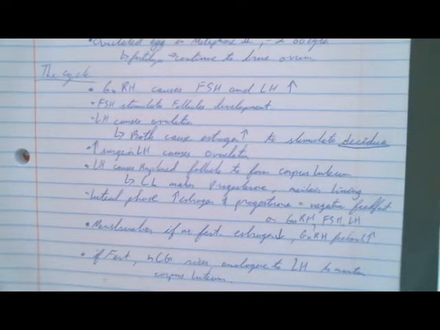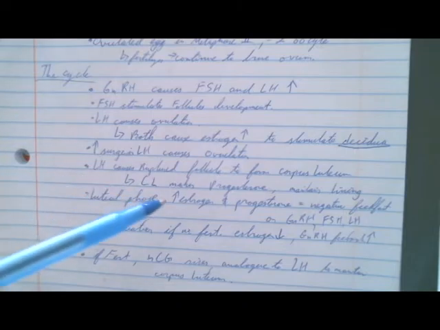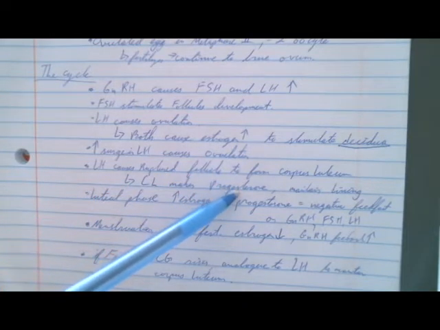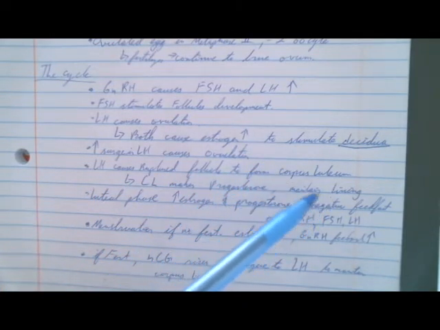After ovulation begins the luteal phase, where luteinizing hormone promotes the ruptured follicle to become the corpus luteum, which begins to make progesterone, which maintains the lining of the uterine wall.